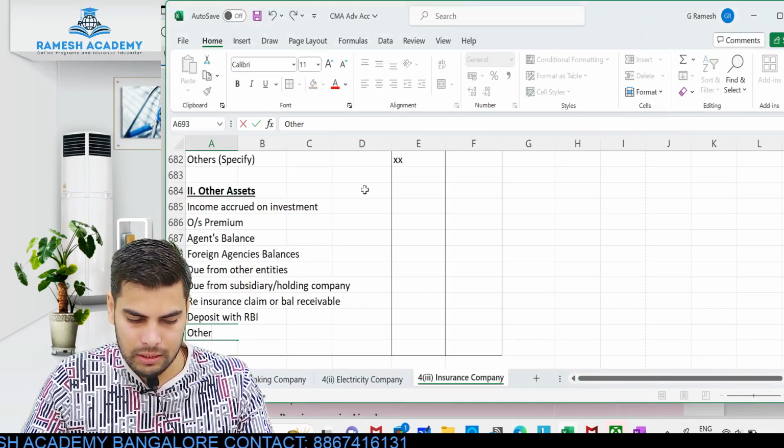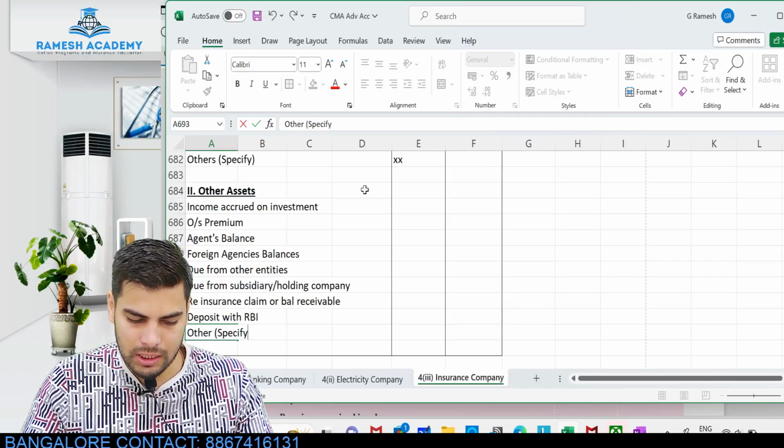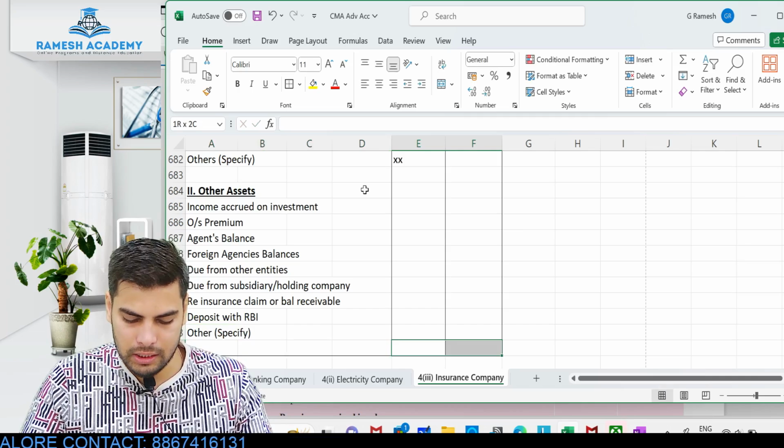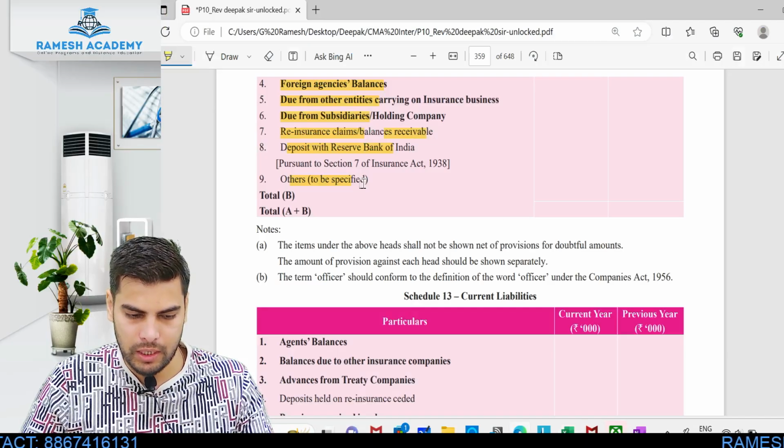If at all there is any other, just specify the same. So here we'll just be showing the advances which you have paid to the other entities, and then the other assets. This is what we are supposed to show over here.